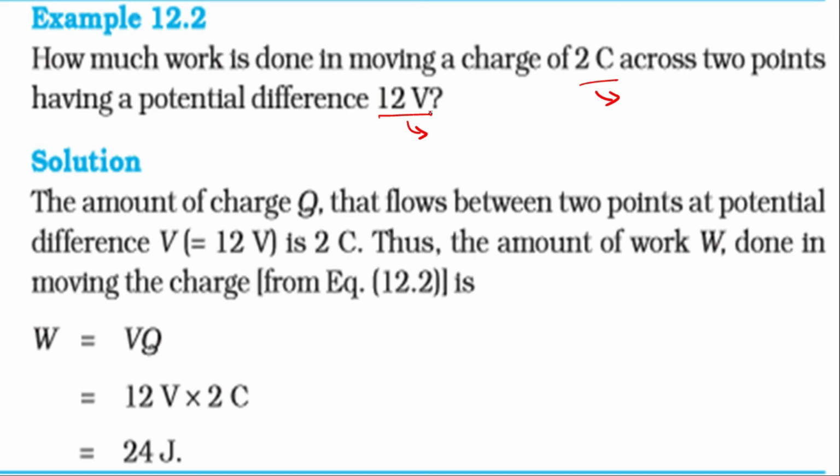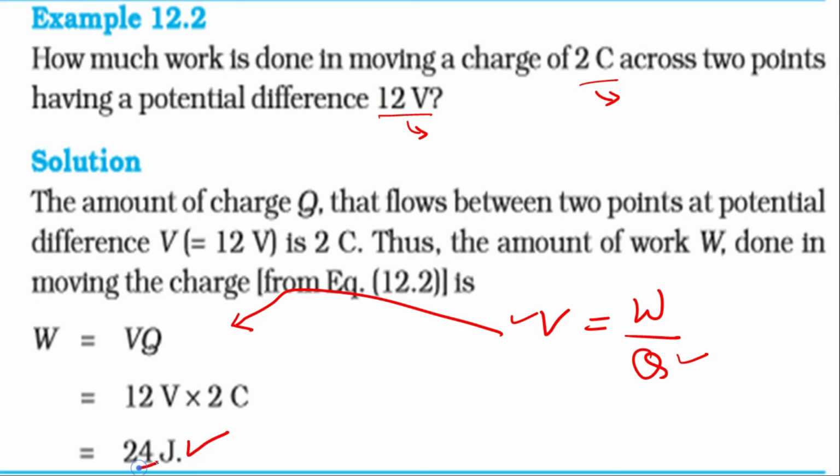Now we have to find the work required to move this 2 coulomb charge. A few seconds ago I told you that the formula of volt is work by coulomb. So here we know the value of volt and the value of coulomb, and we have to find the work. We can rewrite this equation as work is equal to volt into coulomb, and after substituting the values we will get work in joules, that is 24 joules.